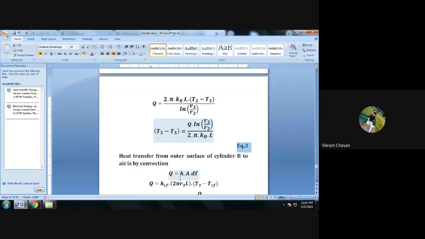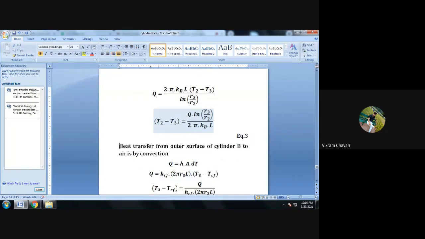Now the heat transfer from the outer surface of cylinder B to air is by convection.